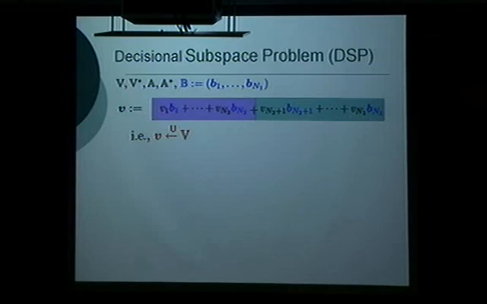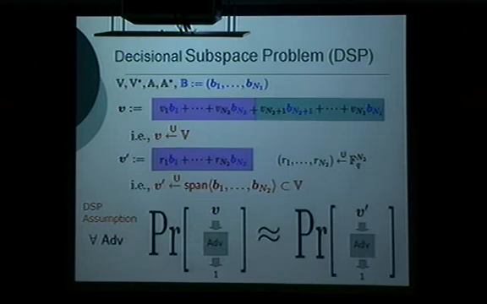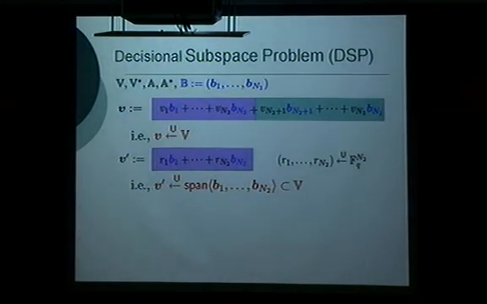We also sample another element, which is a linear combination of a subset of the basis, B1 through Bn2.